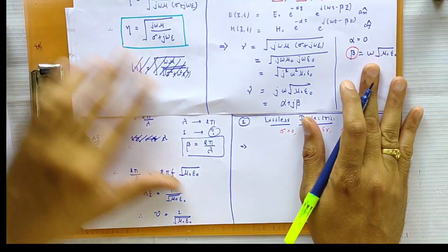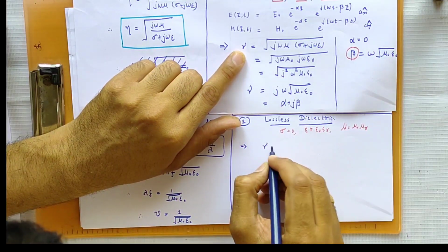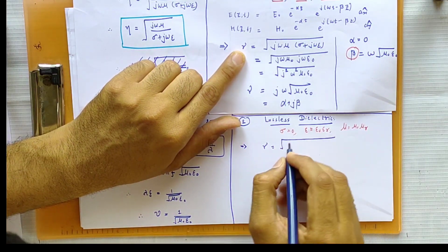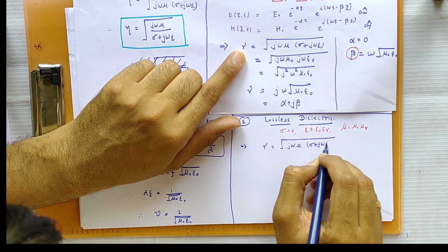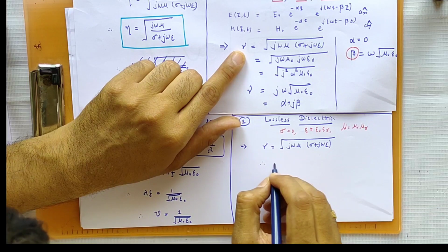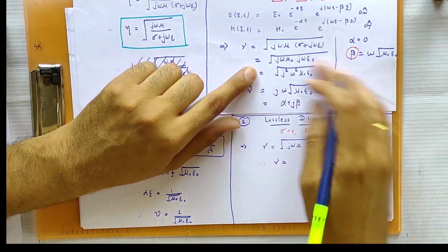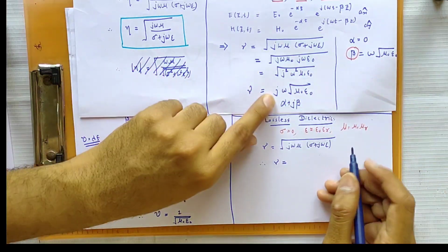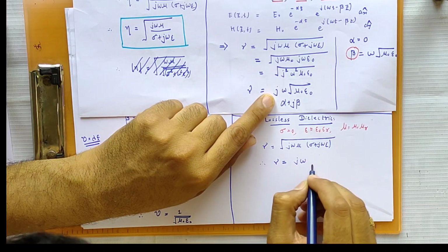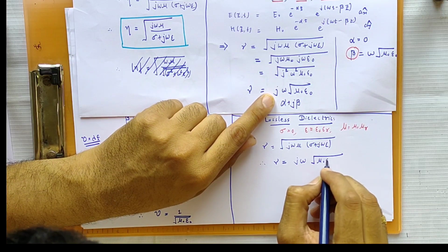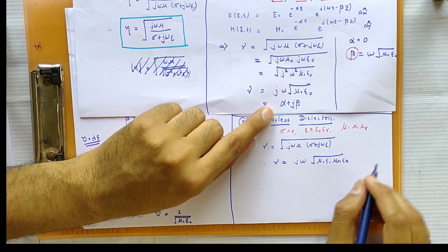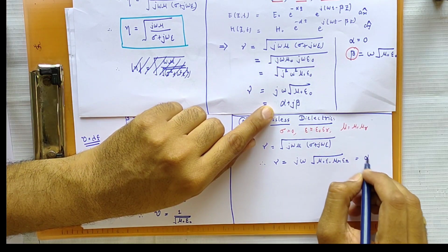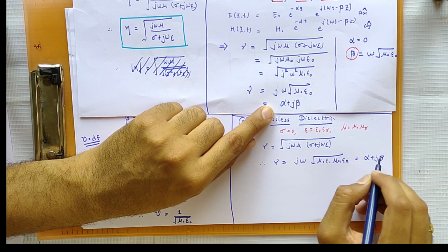Same way here, propagation constant is the square root of j omega mu times sigma plus j omega epsilon. Again you have to just compare the real and imaginary parts. So this is j omega mu 0 epsilon 0 mu r epsilon r, and compare it with the real part and imaginary part.